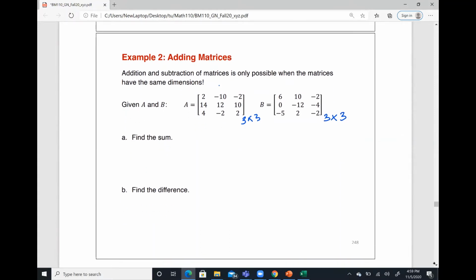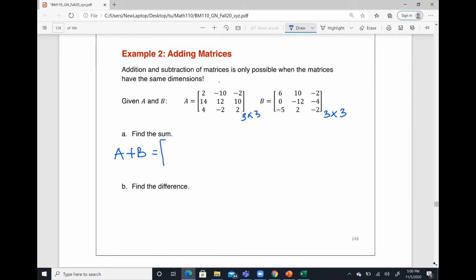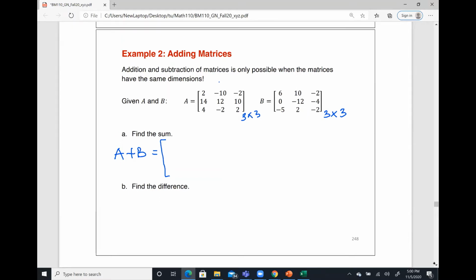So now we're going to try to find the sum. A plus B will be: you take the addition between the entries in the same position.